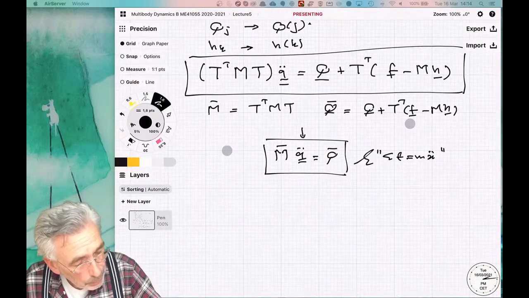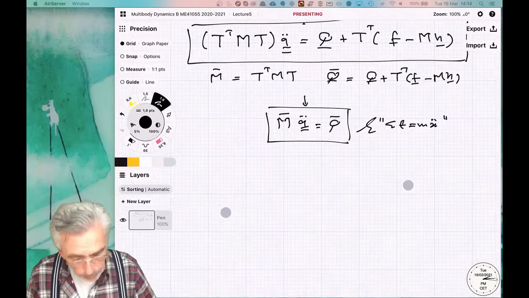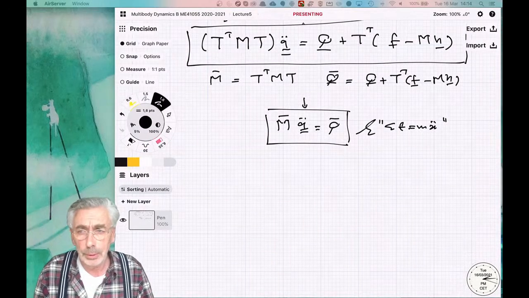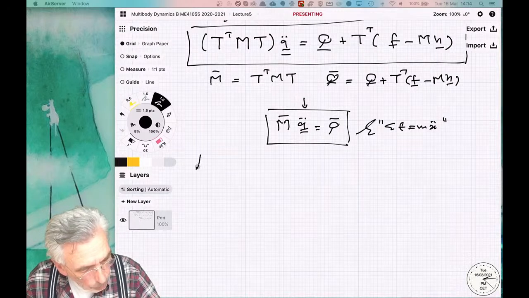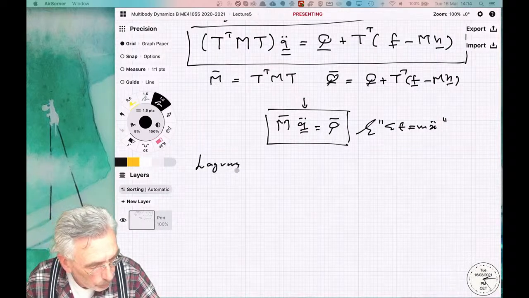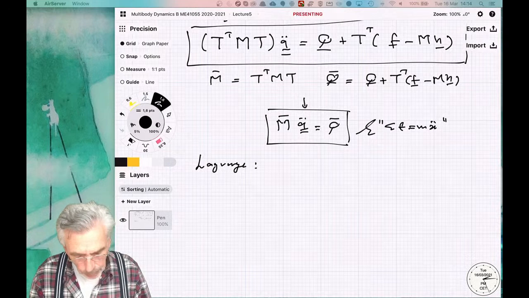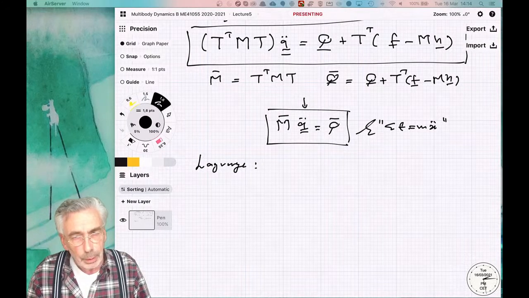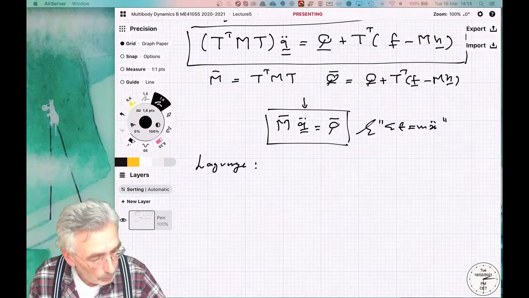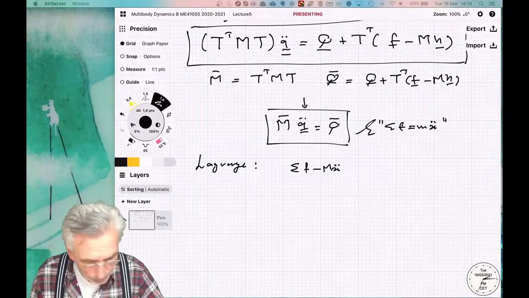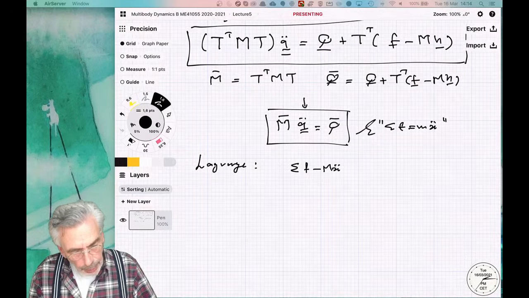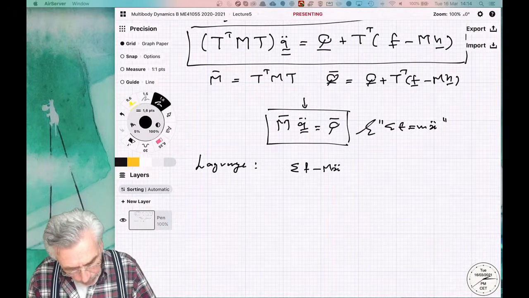Okay, why this TMT story today? And why not just stick with Lagrange? Now I have to go back to Lagrange to remember how that worked. Well, in Lagrange we used, of course, Newtonian mechanics. So we used the sum of the forces minus the mass times acceleration. But then what did we do?